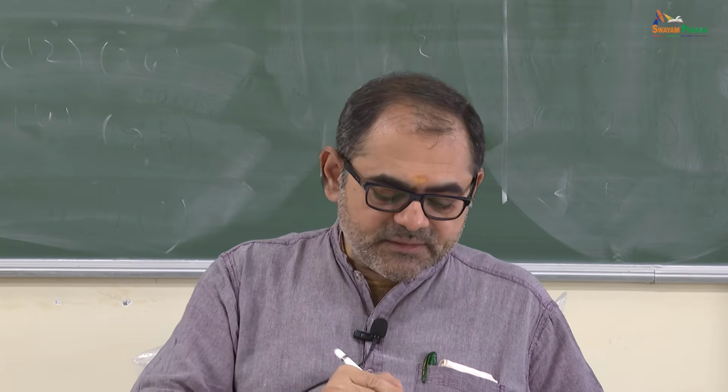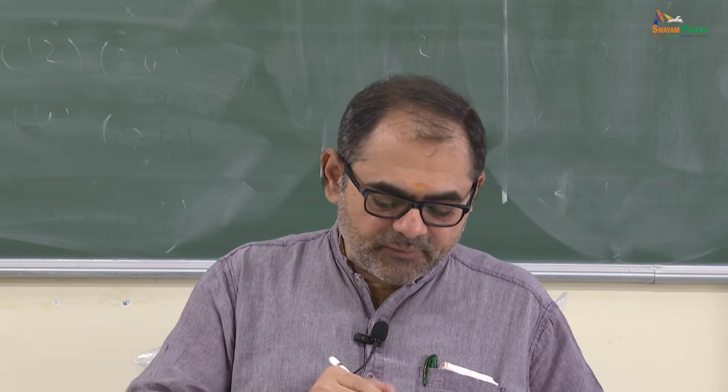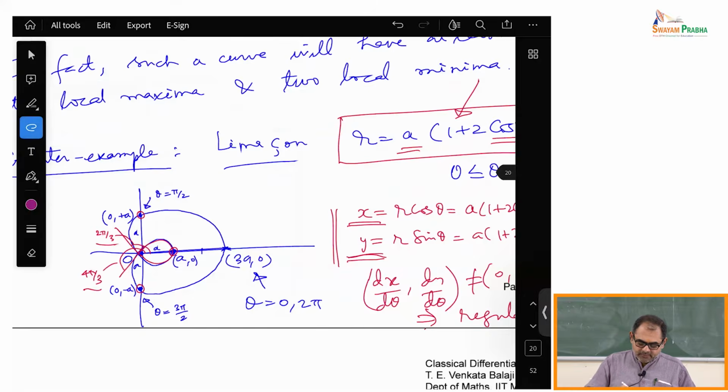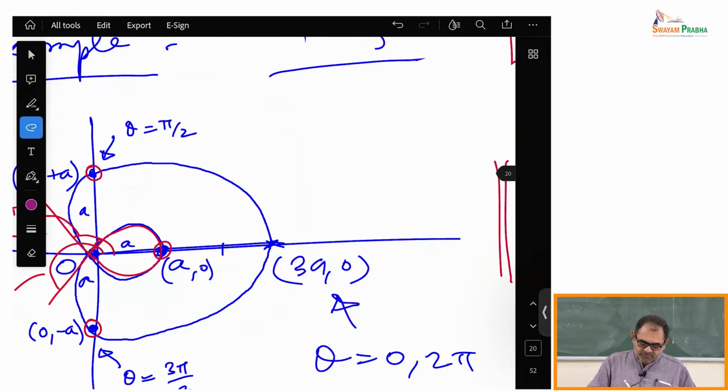So you see that if you take, for example, this point a comma 0, here you will have the smallest circle of curvature, and here you will get the minimum radius of curvature, so you will get the maximum curvature. And if you go here, then you get a bigger circle. So I will get a bigger circle here, all right.